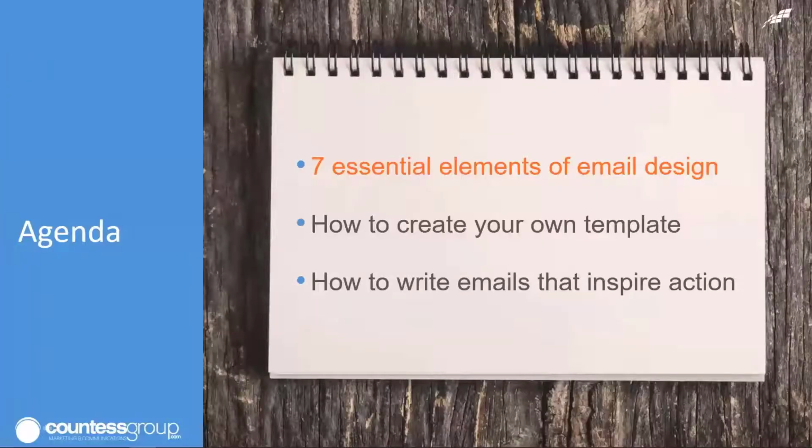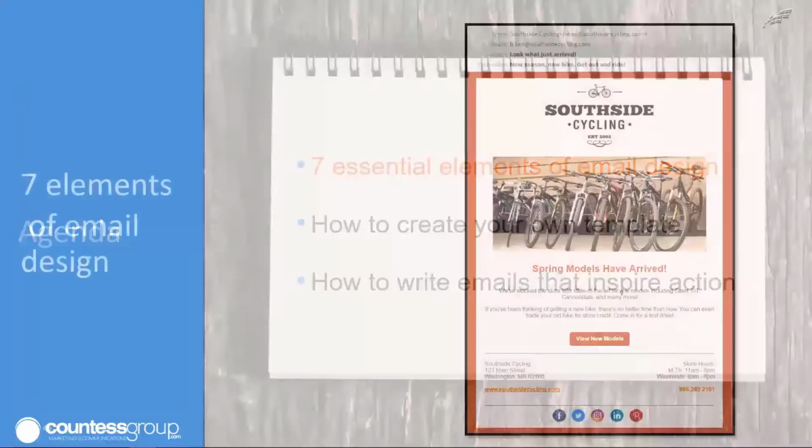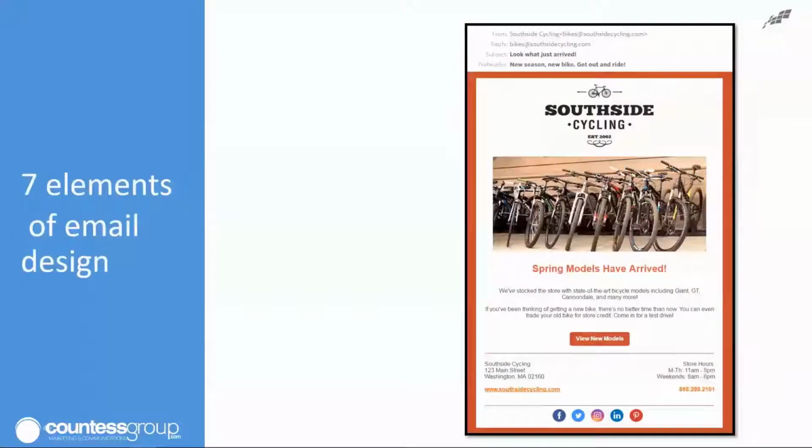Okay, so first up are the 7 elements that you'll need to design your email. No matter which type of email you're sending, you'll need these 7 elements that are designed to drive action and make your email easy to read. I'm going to give you a brief overview of the elements and then take a closer look at each one. First up, header information.